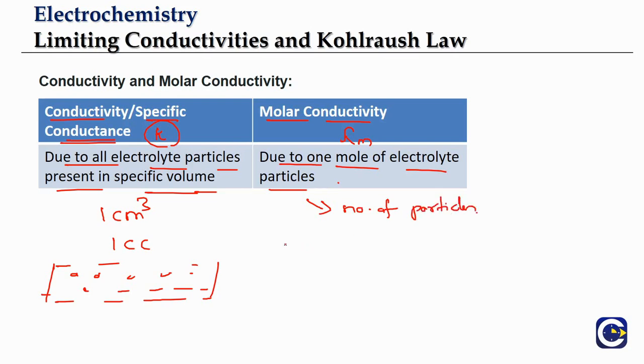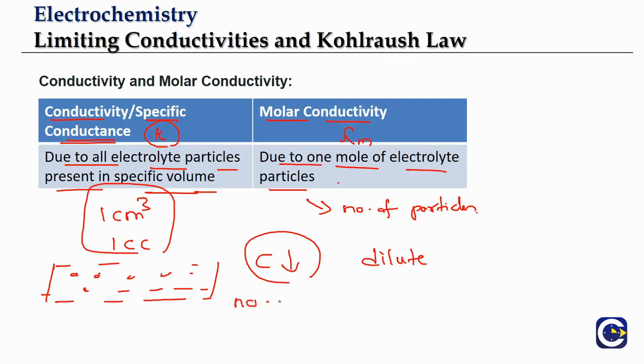And as a result, what we see is generally when we decrease the concentration, means we dilute it. When we decrease the concentration or we dilute it, if you take some specific volume, concentration decreasing means what happens? The number of electrolyte particles are also going to decrease, since we are decreasing concentration.